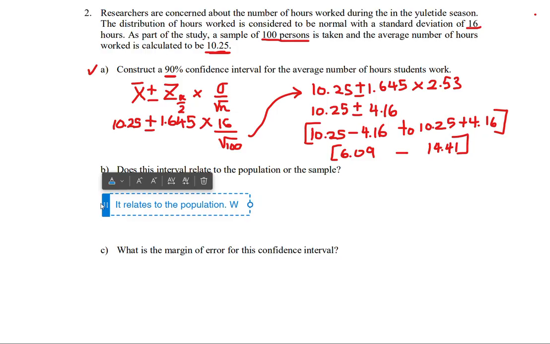We are 90% confident. So this is our interpretation of the result now.